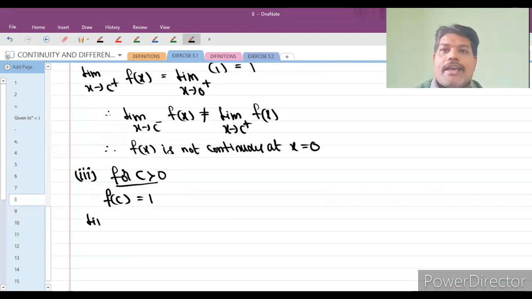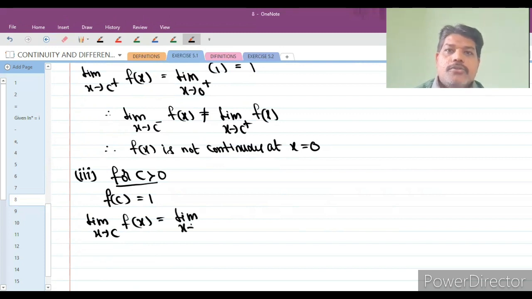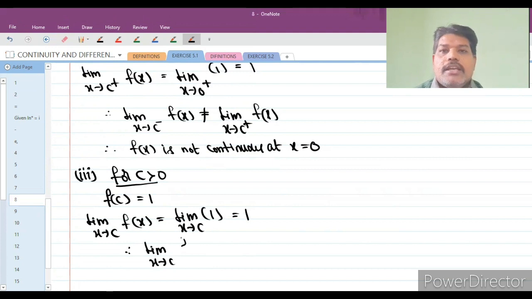So the limit as x extends to c of f of x is equal to 1. So automatically this value is also 1. Therefore, we can write that the limit as x extends to c of f of x becomes f of c only.